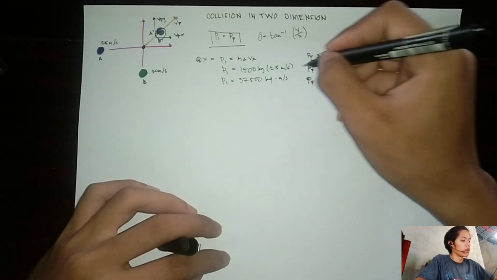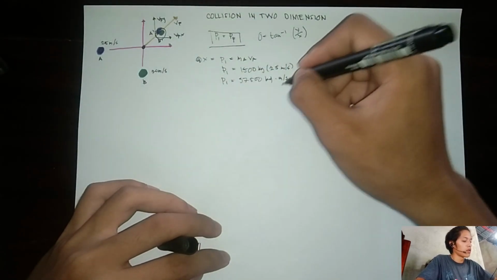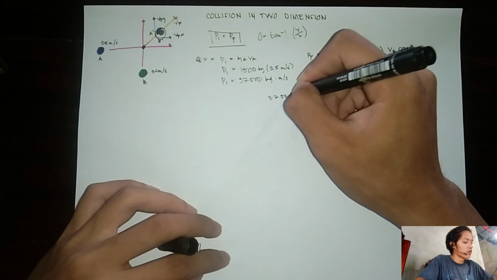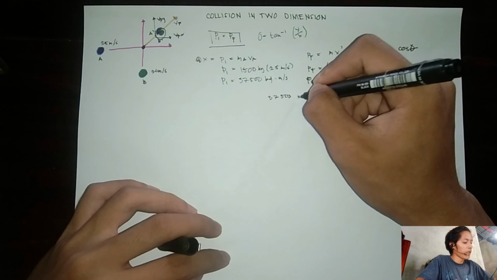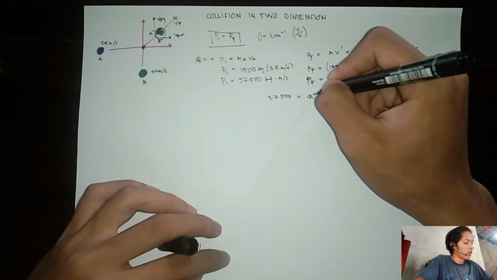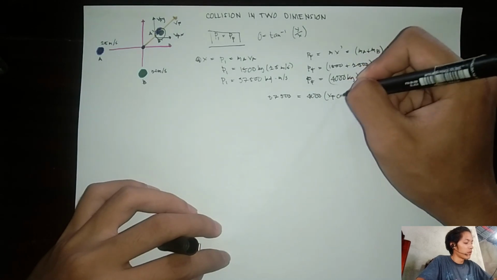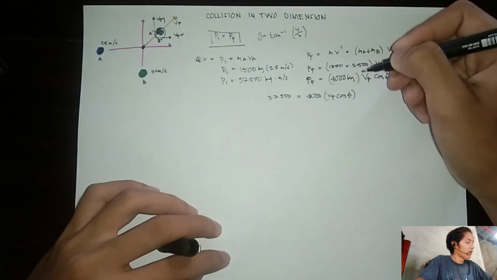So, meron tayong dito na itong P initial is equal to P final: 37,500 is equal to 4,000 times velocity final cosine theta.